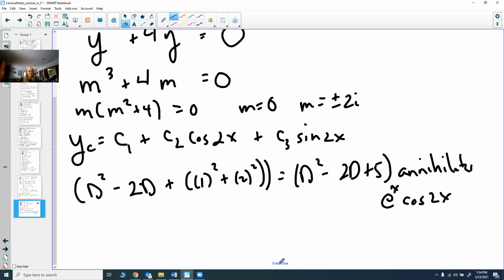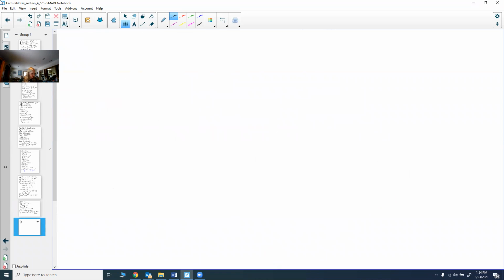So that says that what we're going to now do is take that annihilator, which was D squared minus 2D plus 5, and operate it on my differential equation. And I'm going to rewrite my differential equation in terms of the differential operator.